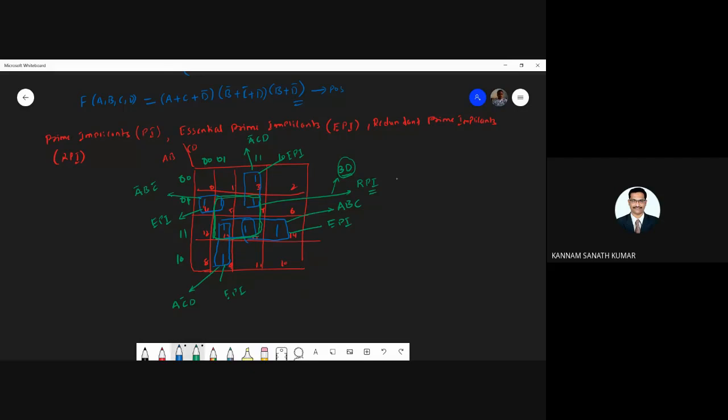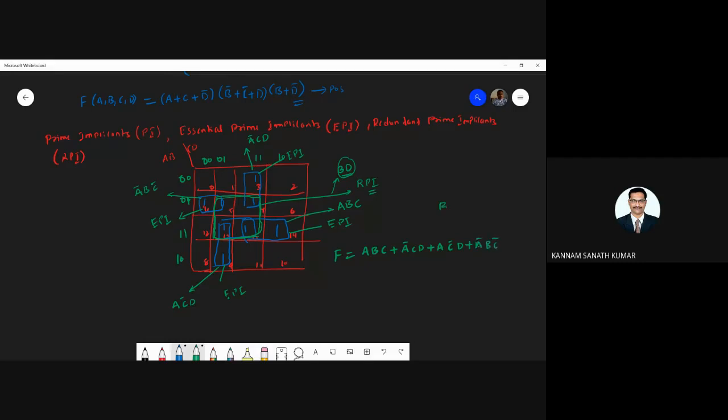So when you want to write the expression F equal to, these redundant ones are already covered in the essential prime implicants, so no need to write this expression. You should write only the essential prime implicant expressions. So F equals ABC plus A bar CD plus A C bar D plus A bar B C bar.